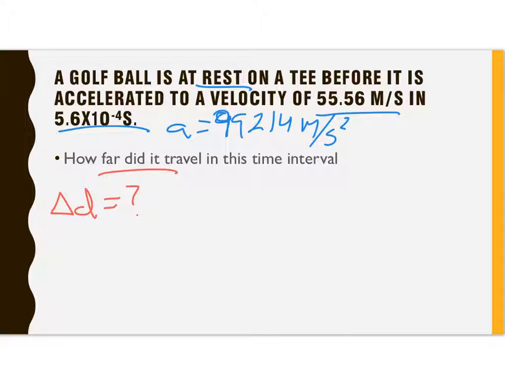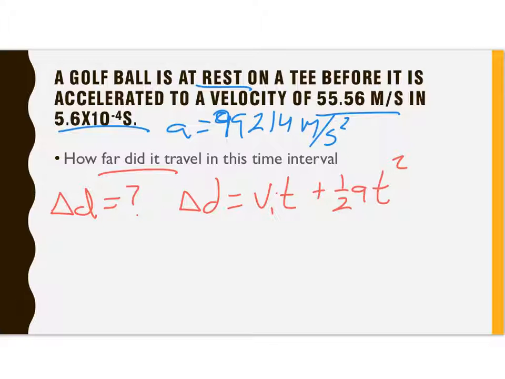So I know A, I know T, I know VI, I know VF. The only thing I don't know is my displacement. So I'm going to use the equation delta D equals VI times T plus 1/2 AT squared. And that's already solved for what I'm looking for.